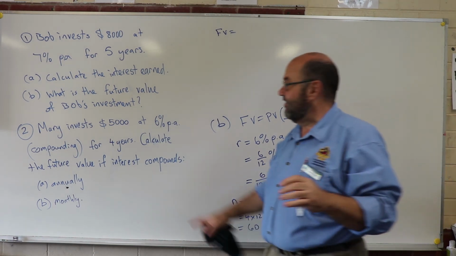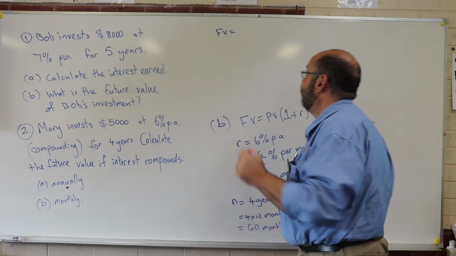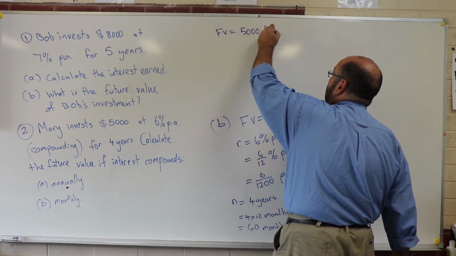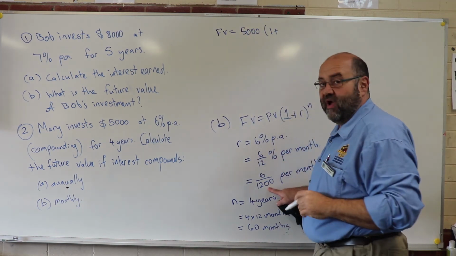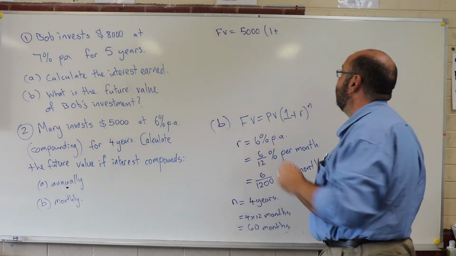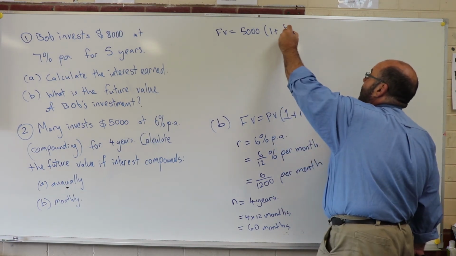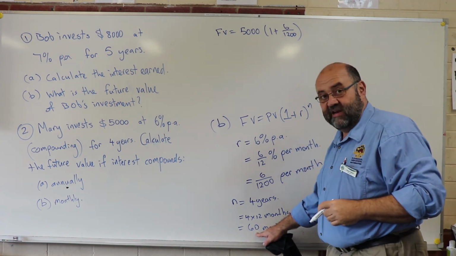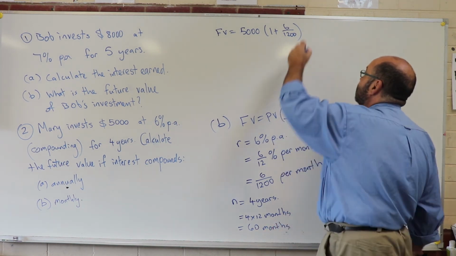That's the amount we're investing, which is $5,000. Outside of 1 plus our rate is 6/1,200 to the power of n, which is 60.